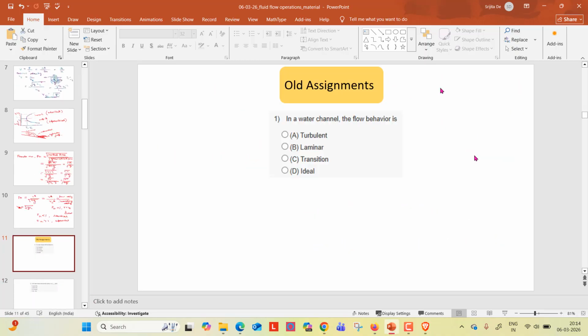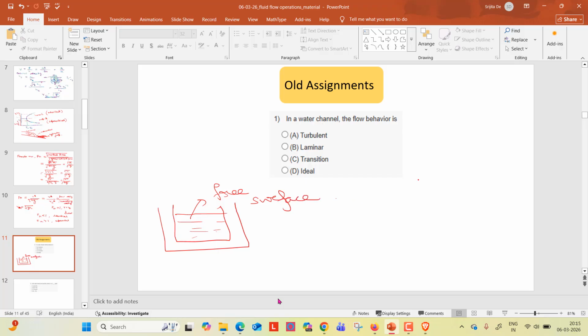Okay. Let's do. In a water channel, the flow behavior is turbulent, laminar, transition, or ideal. So, you know that in the open channel, because the surface is free, suppose it is water, it will always have high flow rates and larger dimension.